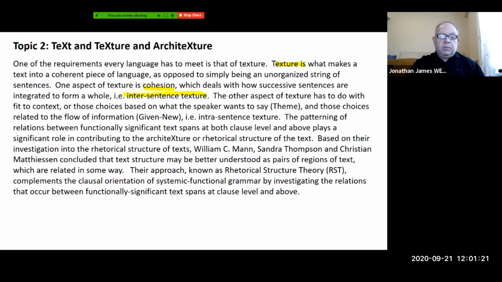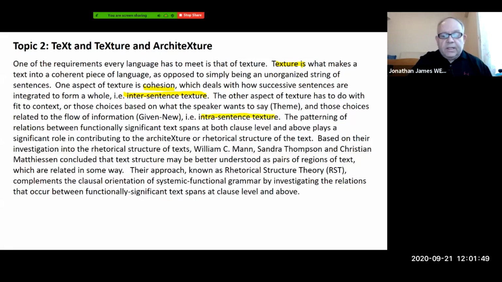Those are the things that we've been mentioning: reference, lexical cohesion, substitution, ellipsis, conjunction, and so forth. Those are what we would call inter-sentence textures. So across the text, in between the various clauses that make up the text, there's a cohesiveness with respect to these various aspects. But there's another which he mentions, and that's what he calls intra-sentence texture.